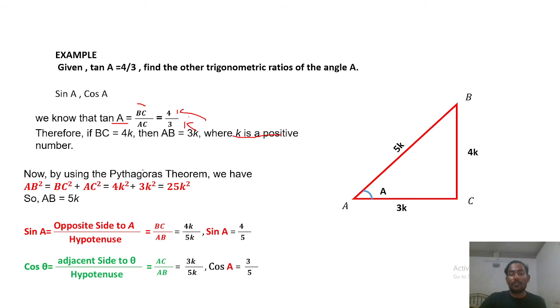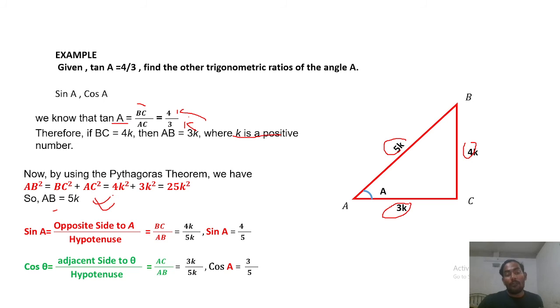By the Pythagoras theorem, AB square, that is the hypotenuse square, is equal to the sum of the squares of the smaller sides, that is BC square plus AC square. Because we know this is 4k and this is 3k, we have to find this distance. So by the Pythagoras theorem, AB is equal to 5k.